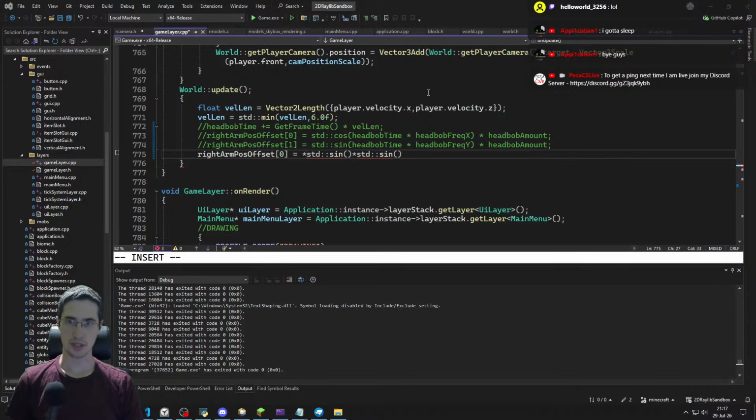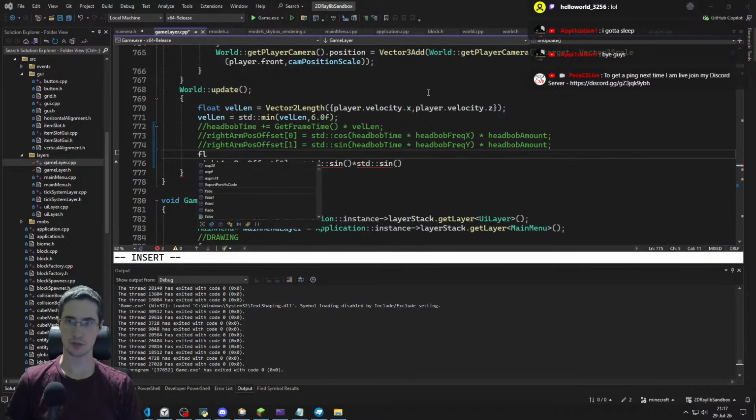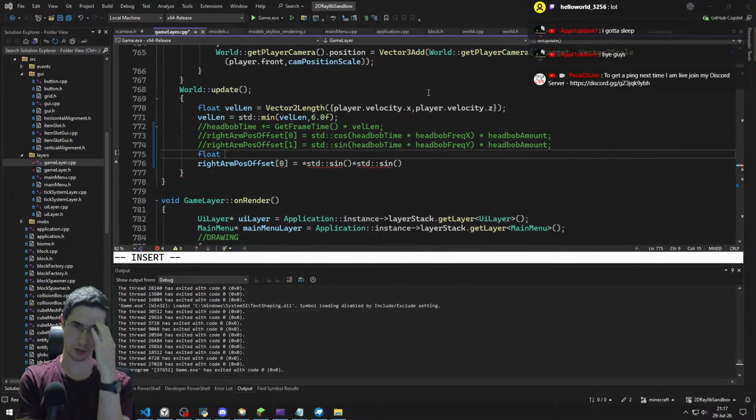And here we need some values, floats. How should we call them? Because we need to play around with the parameters through ImGui, we'll have lots of values and need lots of names for them.